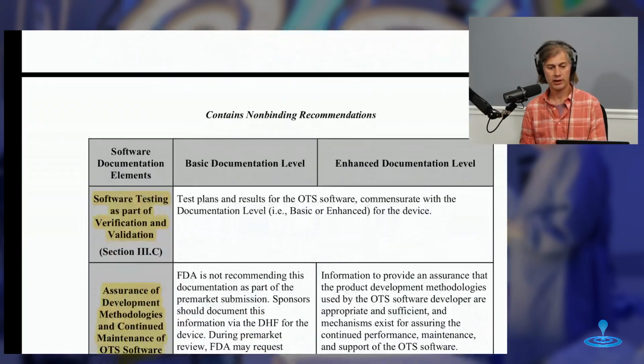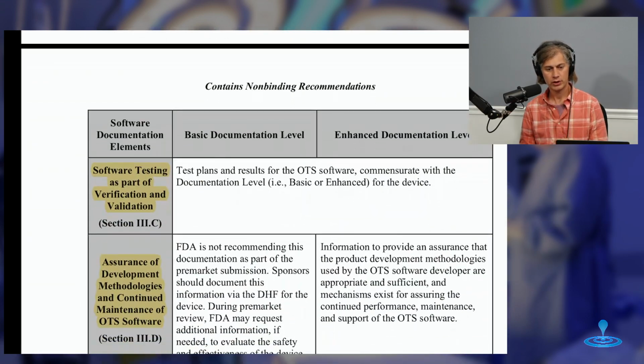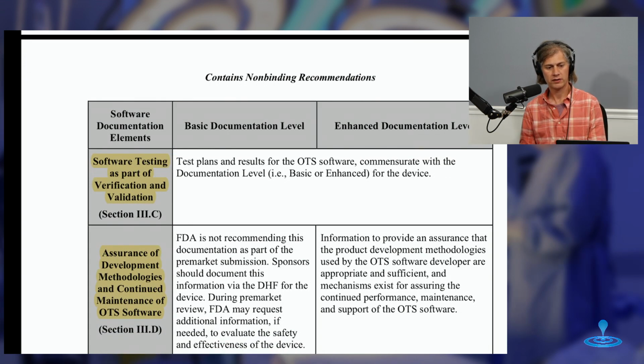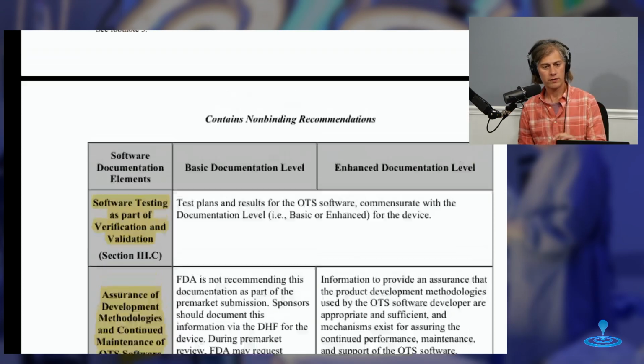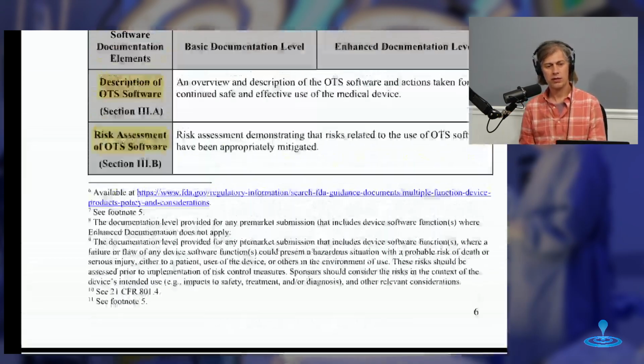You've got to do everything for all of them with the exception of the assurance of development methodologies and continued maintenance of OTS software. So if you can say you're only requiring a basic documentation level, congratulations, you will be able to omit that last part. If you don't fit under the basic documentation level, you're probably going to have to do that.